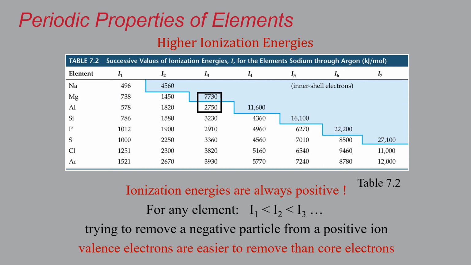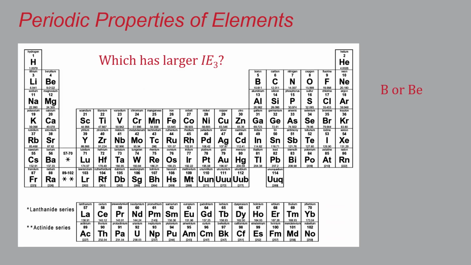With that information in mind, boron or beryllium, which is going to have the higher third ionization energy? Look at the periodic table. Boron is 3 elements into the second row, implying that it has 3 valence electrons. Beryllium, only 2. For the third ionization energy, you're taking out 3 electrons.